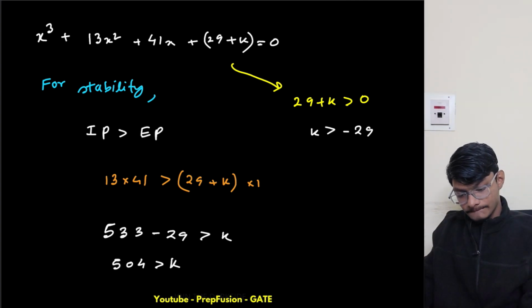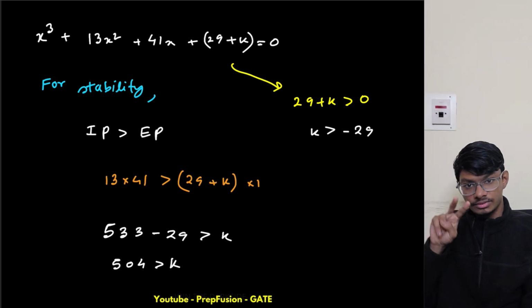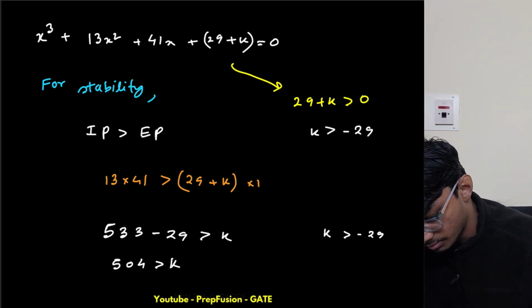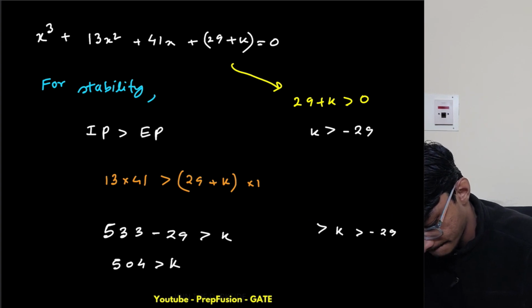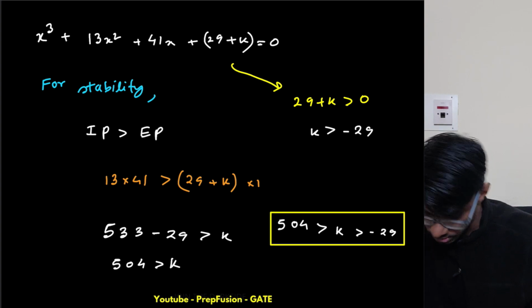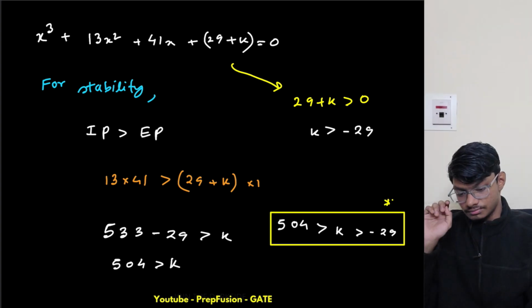Sorry, that's what I was confused about. So what are the conditions? K has to be less than 504 but greater than minus 29. So what is the limit of my k? K has to be greater than minus 29 but less than 504. Okay, so this is my value of k.